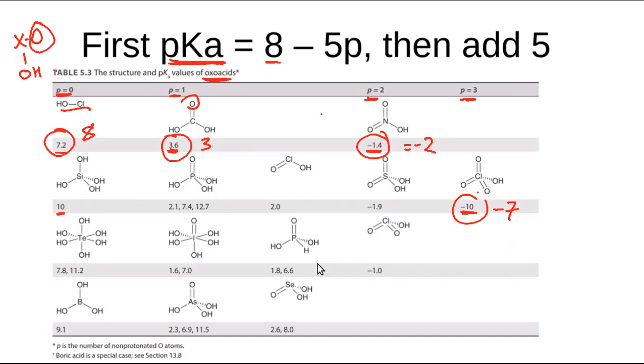If we take, do we see something that we can recognize? This is sulfuric acid. So of course, one of the hydrogens is very acidic, but then when you come to the hydrogen sulfate ion, that we don't have.